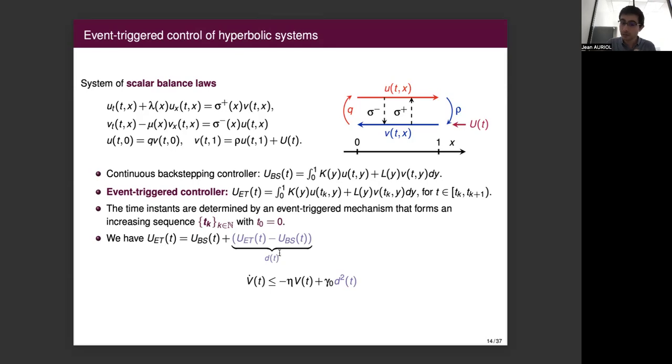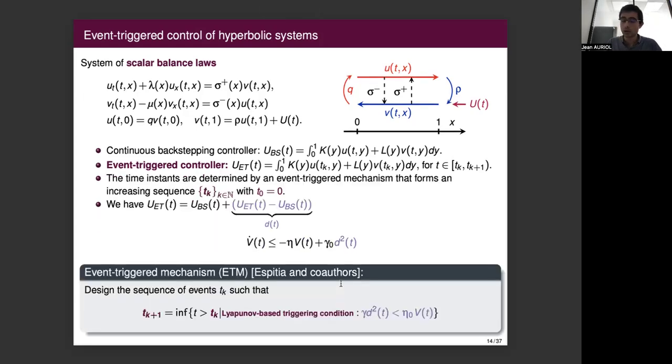And now this term can be seen as a disturbance, d(t). And so if we use the analysis we have done before, it corresponds to a disturbance on the right boundary condition. So you can still perform the Lyapunov analysis, and you get V dot smaller than minus eta V plus gamma 0 d squared.